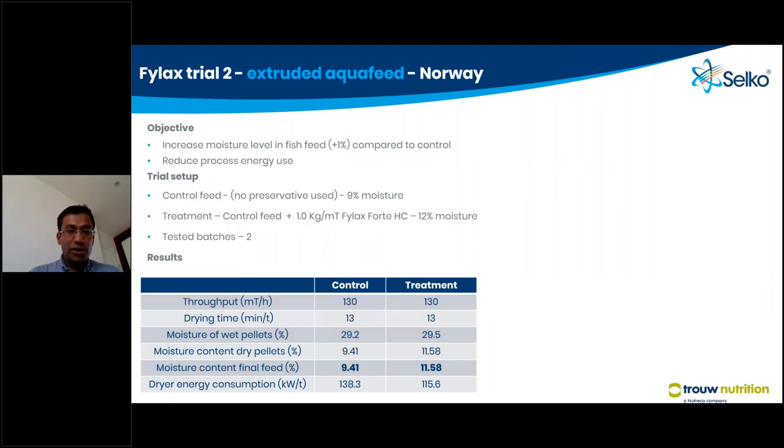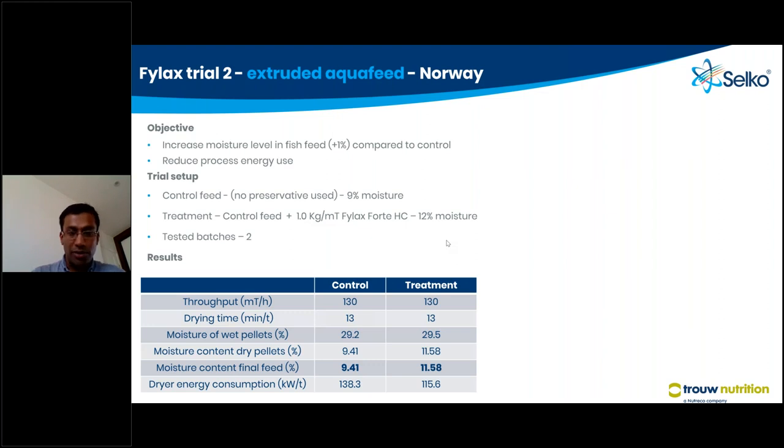The other one, we also did a trial in extruded aqua feed, and there we had 2 treatments as well with no preservatives. We were aiming for 9% moisture in one, and the other treatment we were aiming for 12% moisture. And there we added, of course, you don't need to add extra water because you already have a lot of water. So we just added 1 kilogram of Phylax Forte to see what's happening.